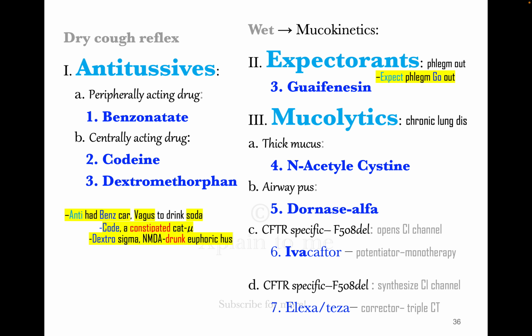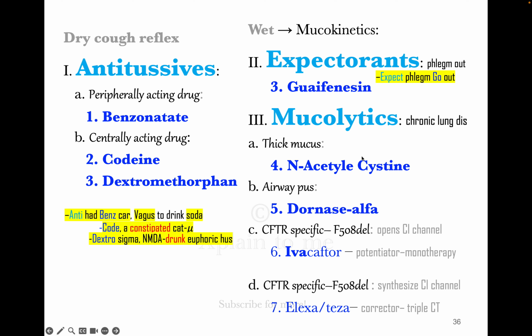So this sulfhydryl group will help to break down. It acts like a scissors, right? This is going to chop down disulfide bonds in the mucus.